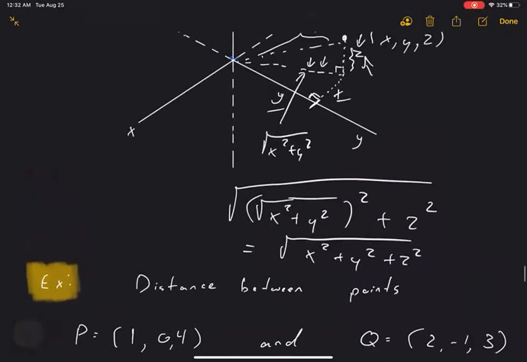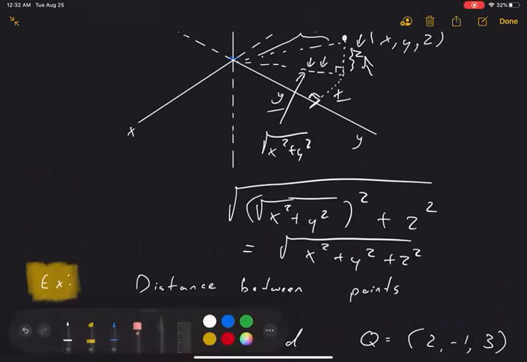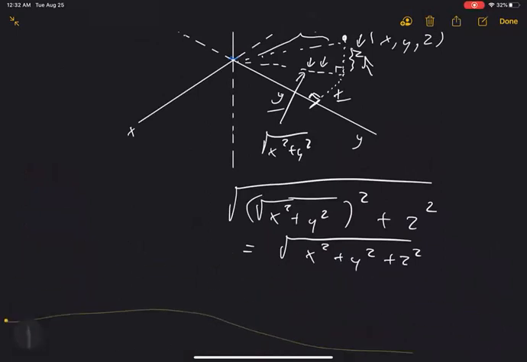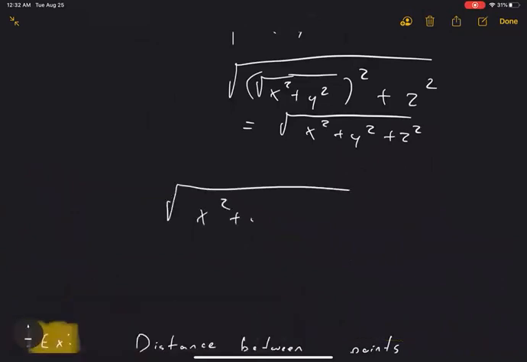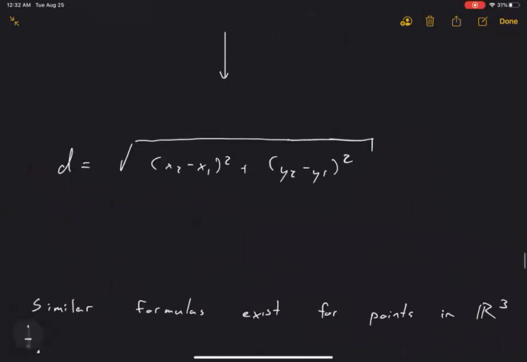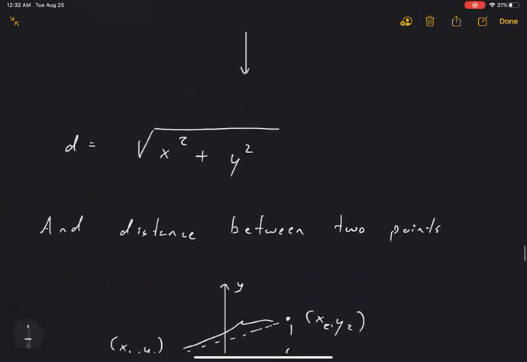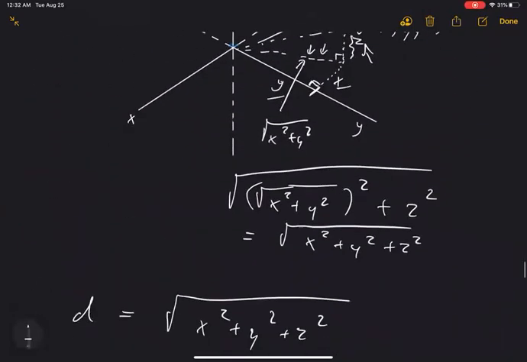So if I want to find the distance from the origin to some point in R3, it's a really simple formula. It's the square root of x squared plus y squared plus z squared. So almost the exact same as my formula here. I just need to add in that z coordinate.